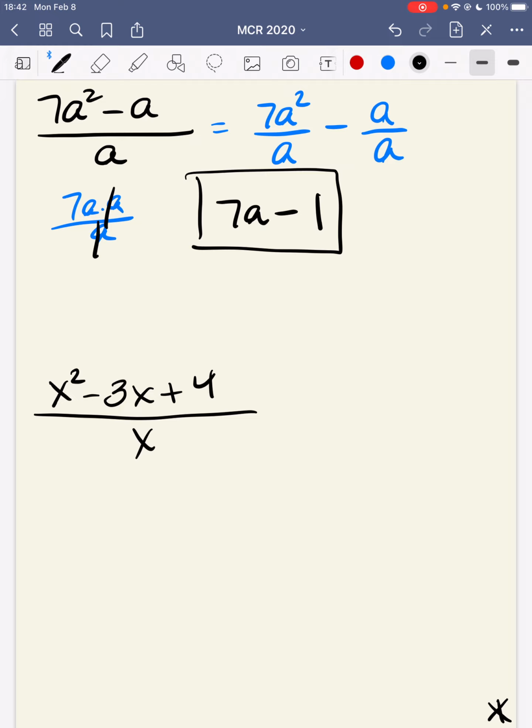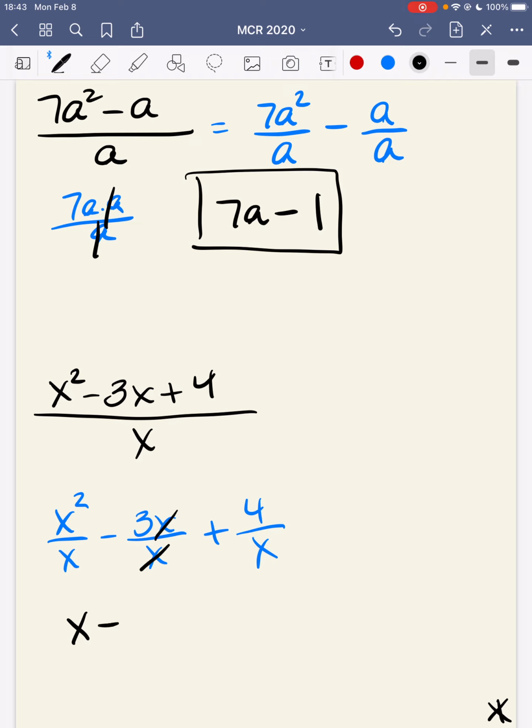This last one, let's go ahead and write it out. So I have x squared over x minus 3x over x plus 4 over x. Okay, so as long as each piece gets the denominator, we are okay. Then we just simplify. X squared over x, 1x cancels, leaving me with just x.